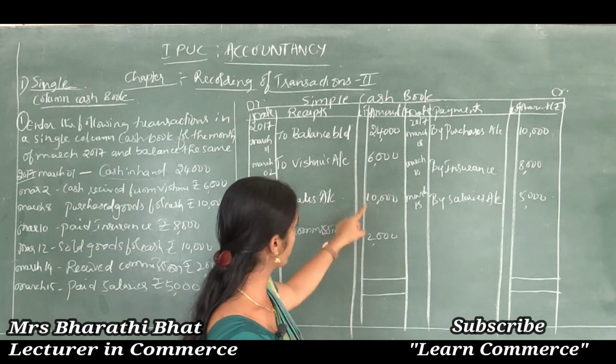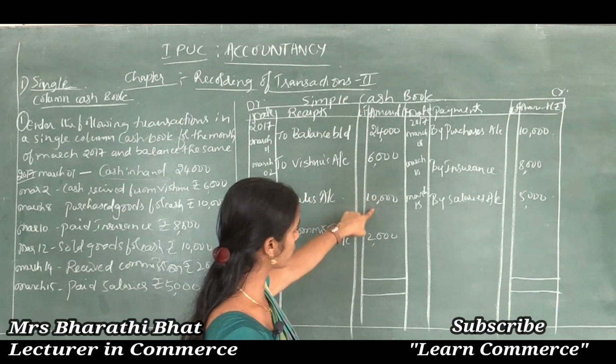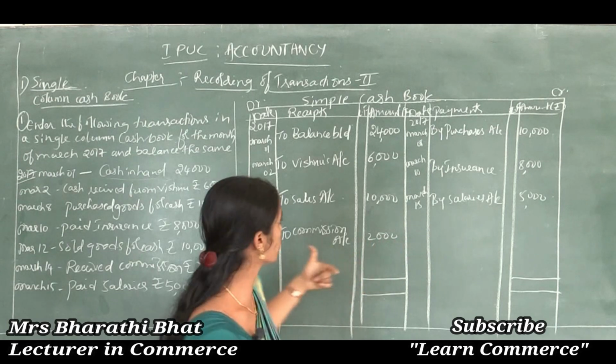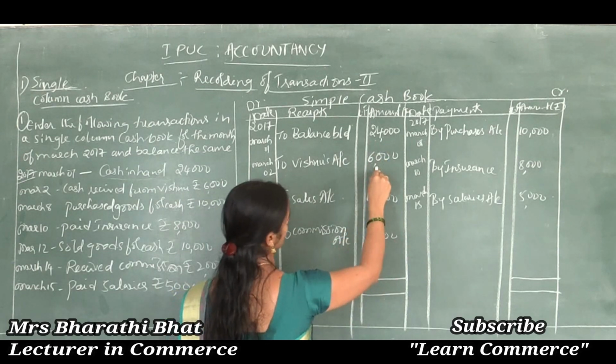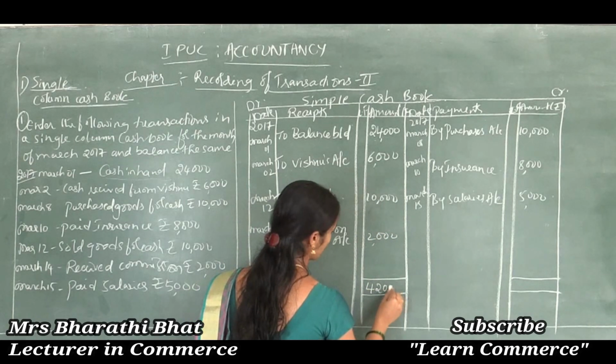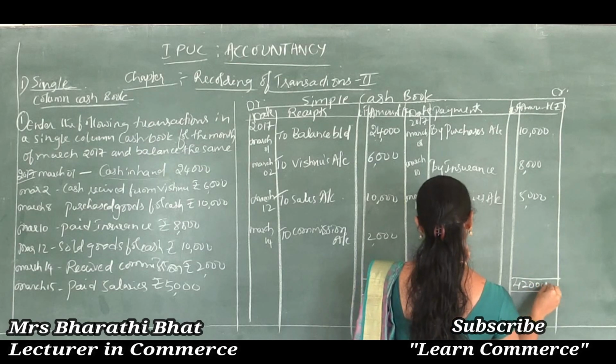Just see 24, 6, 30, means 30 plus 10, 40, 42,000. That side shows a very small amount compared to this side. So 24, 30 plus 10, 40, 42,000. 42,000 is the greater amount, so write under both sides 42,000.